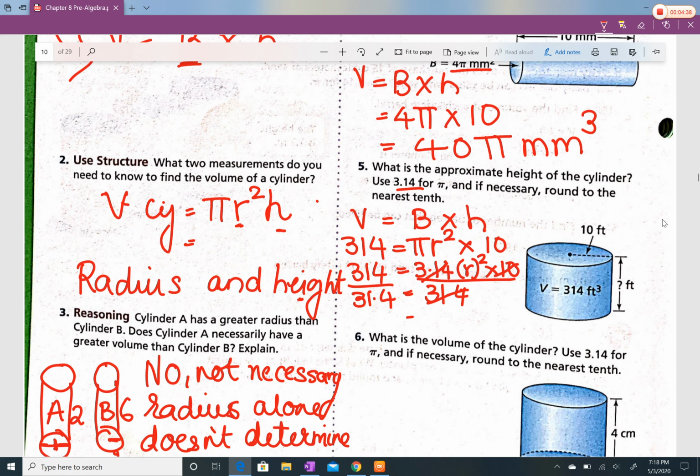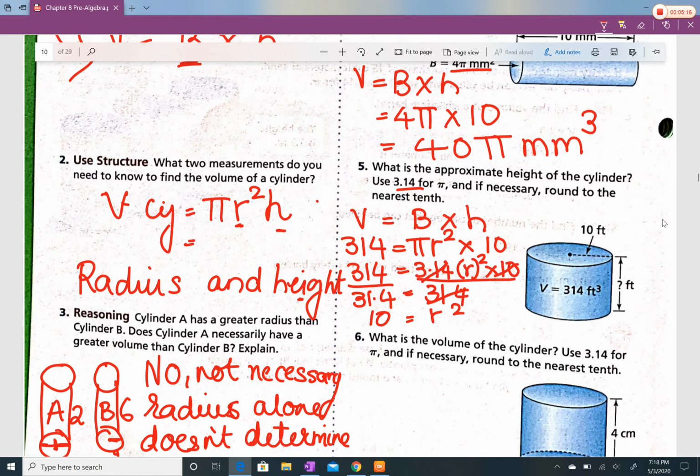Now r square is equal to, how many times will 31.4 go in this? 314 divided by 31.4, and you should get 10. 3.14 times 10 equals 31.4, and you divide 31.4 by this, you get 10.